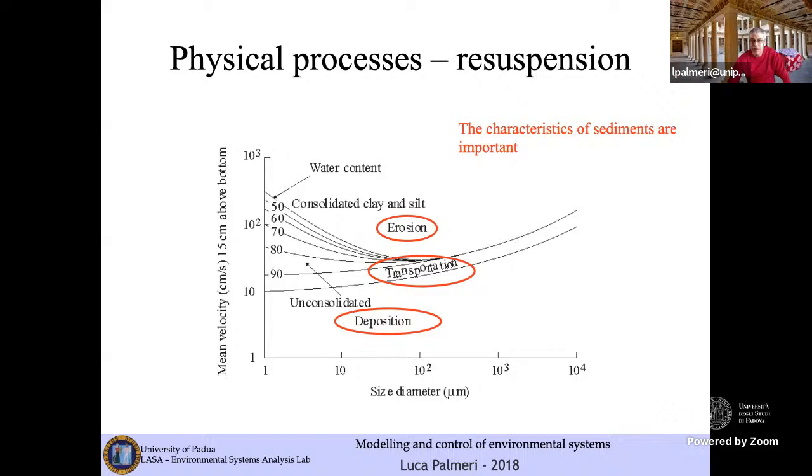For example, you may fix the size diameter of a particle, let's say something less than 10, then depending on the degree of consolidation of the particle, that may be 90, 80, 70, 60, 50, these are densities of a particle.